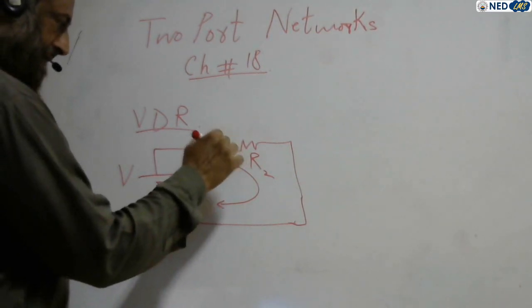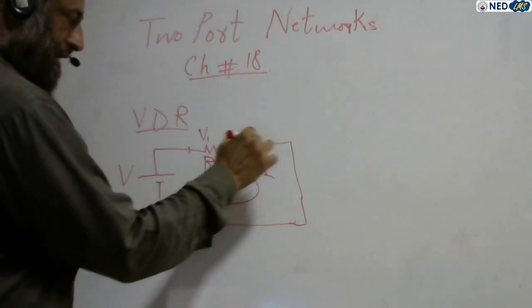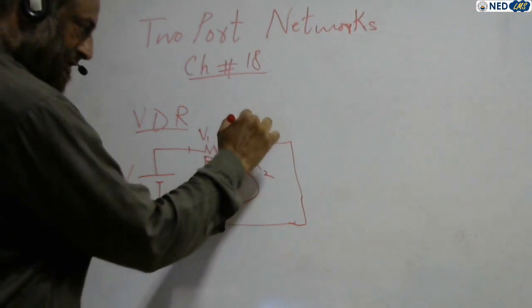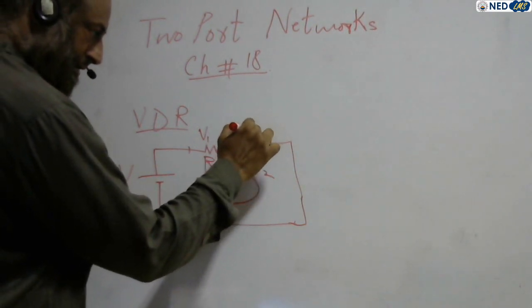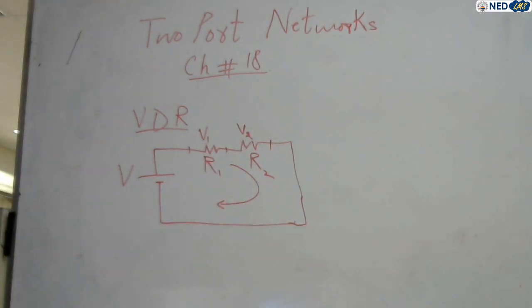Across this resistor the voltage drop is V1, and across these terminals the voltage drop is V2, because resistance R1 gives voltage drop V1, and resistance R2 gives voltage drop V2.